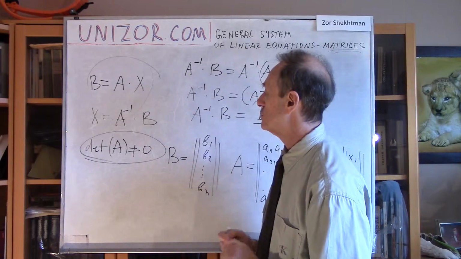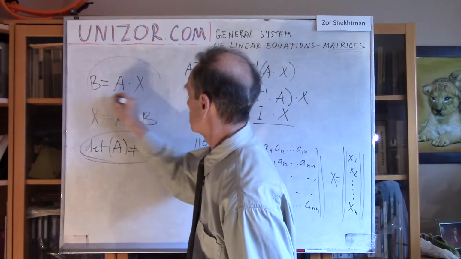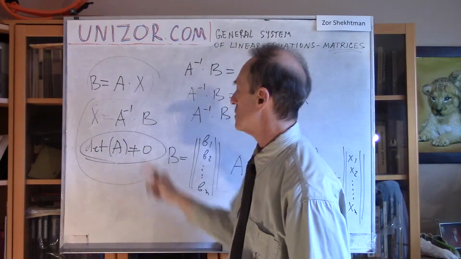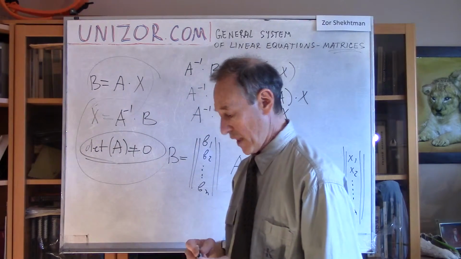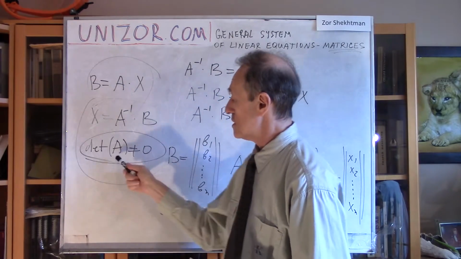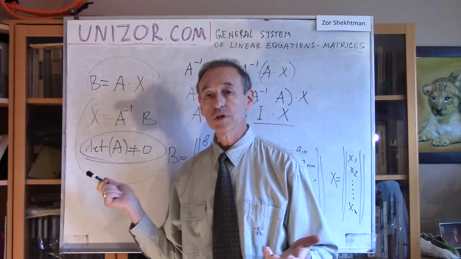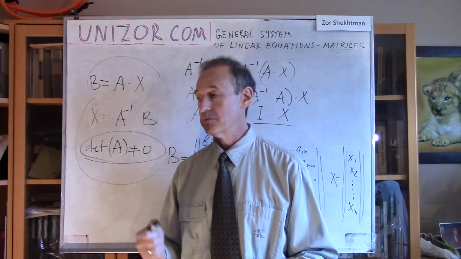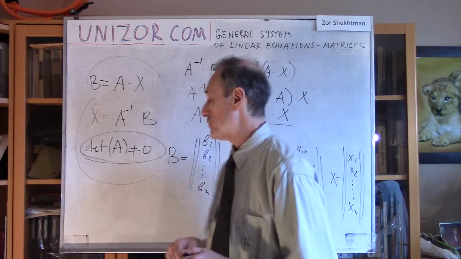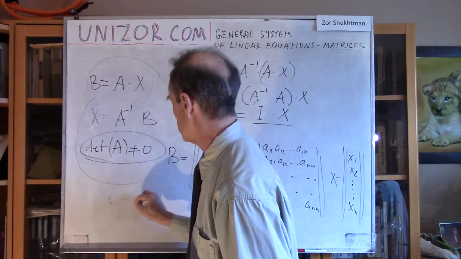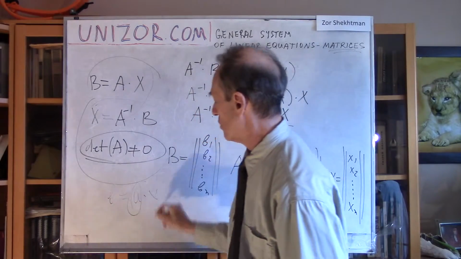I just wanted you to have the knowledge about this general solution of the system of n equations with this condition, which is somewhat equivalent to a condition on a single linear equation. We were saying something like the coefficient a should not be equal to 0, right? If you have b equal to a times x, a should not be equal to 0.